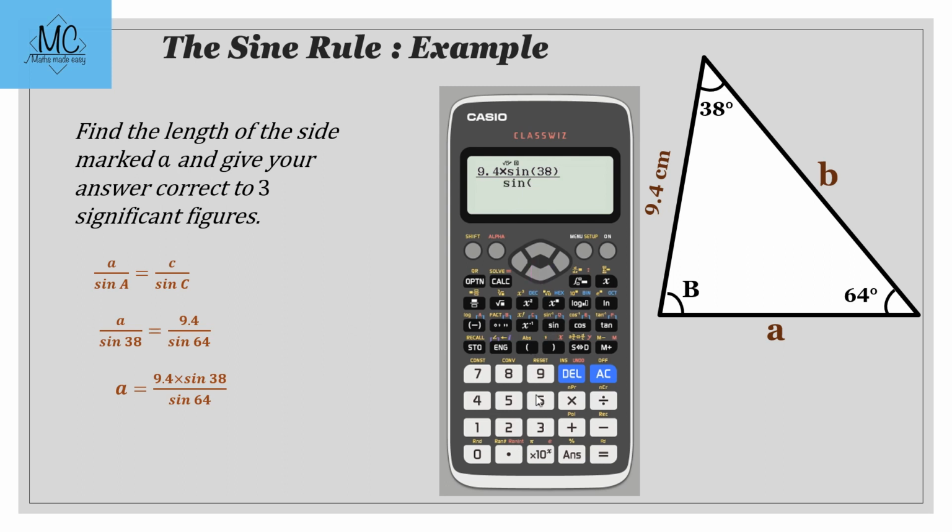You just need to enter the equation which you have made in your calculator, and the calculator will do the work for you to find the answer. So the answer is 6.4388983, and to 3 significant figures it will be 6.44 centimetres, and this is how you need to write the answer for this question.